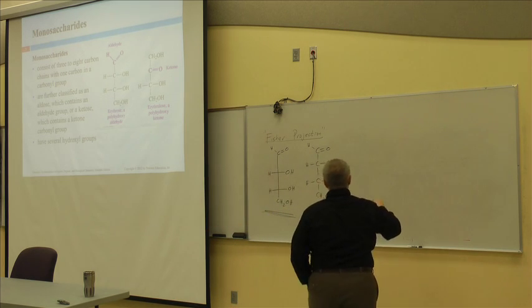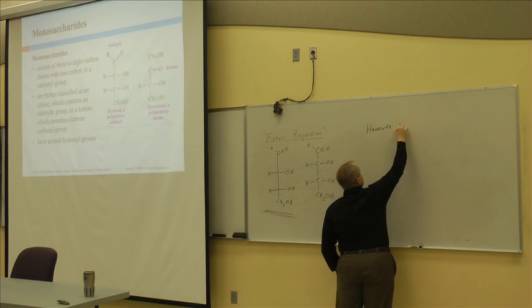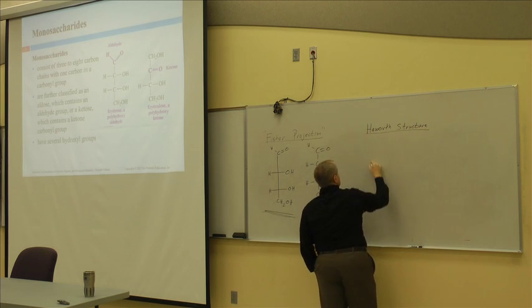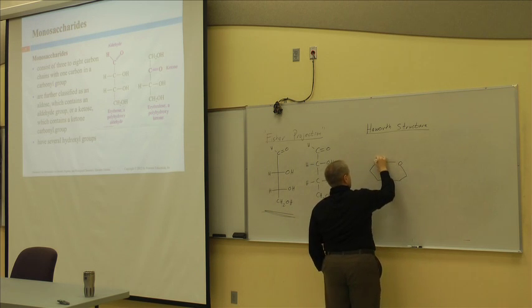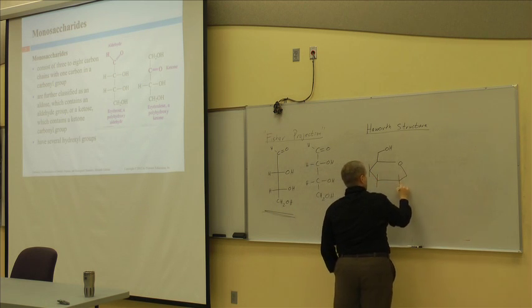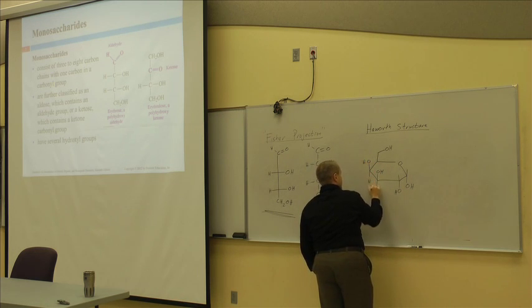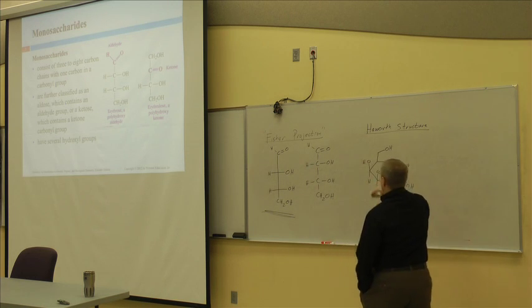The other way is called a Haworth structure. In a Haworth structure, they look more like this. And we're going to get into these a little more too.